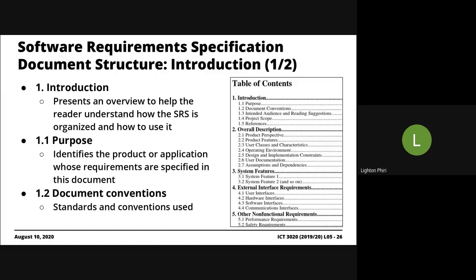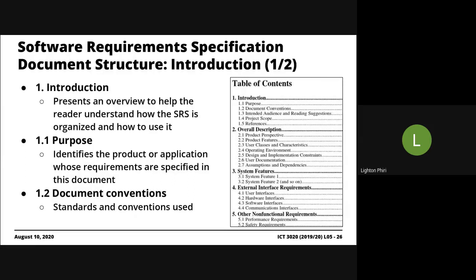So when somebody reads through the introduction, they will know what to expect in the remainder of the document, how it's organized, how they should read this SRS document. The purpose subsection will just identify the product or application that you're building. It's just a very brief description of the product.